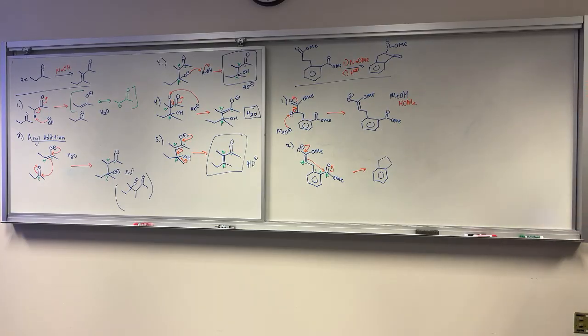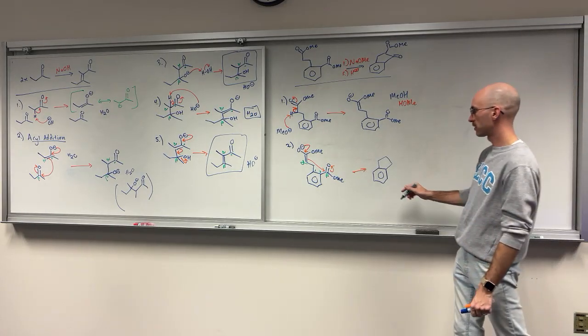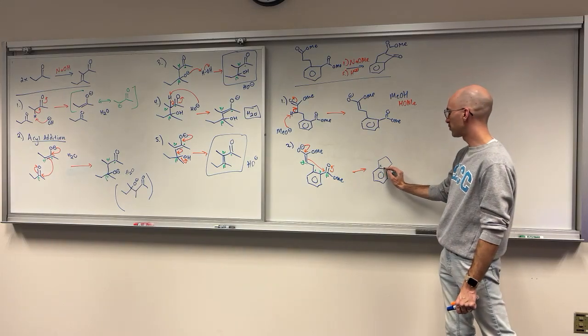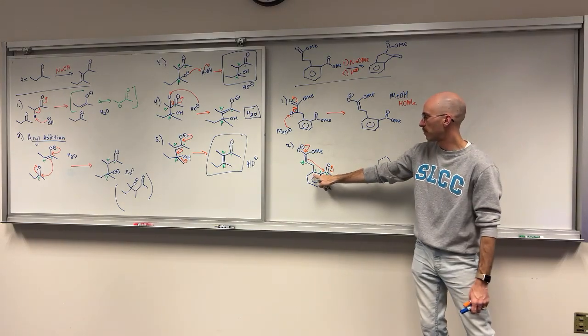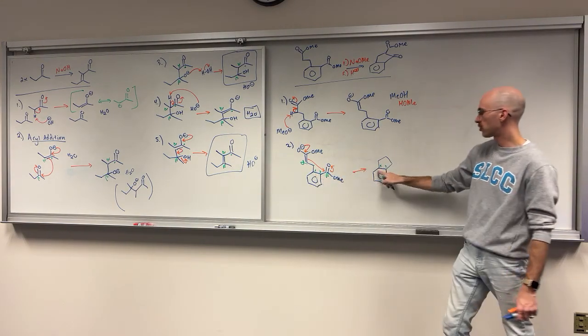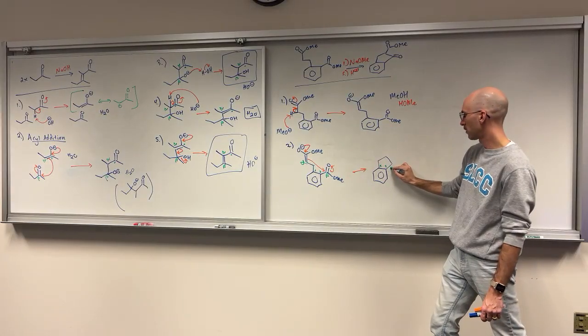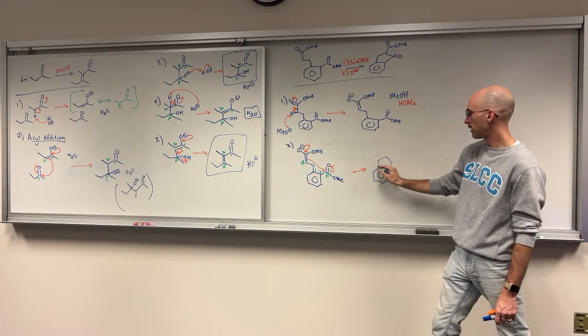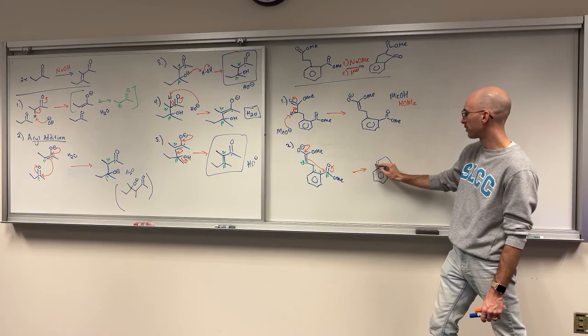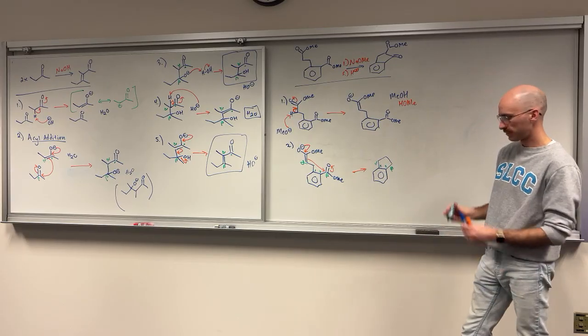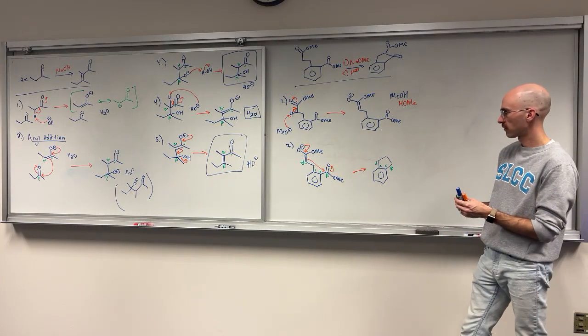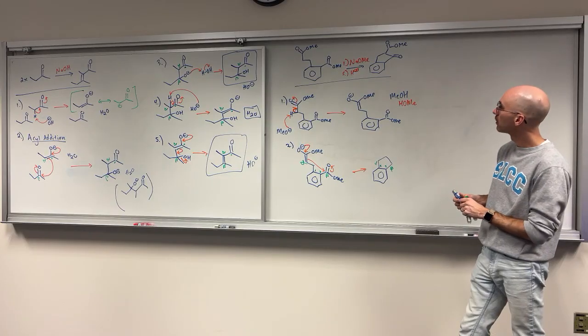Take it slow at the start. Just draw that 5-membered ring. Now think about what's attached at your positions. This was 2 and 3, the benzene carbons, 2 and 3. Off of that was beta. Next to 2 was alpha.